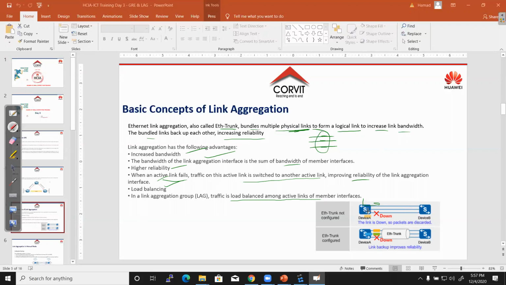So traffic will be distributed on all the interfaces. Some of it will pass the first link, some the second link, some the third link. So you are doing load balancing by creating this ETH trunk, this LAG, link aggregation group. You got my point?